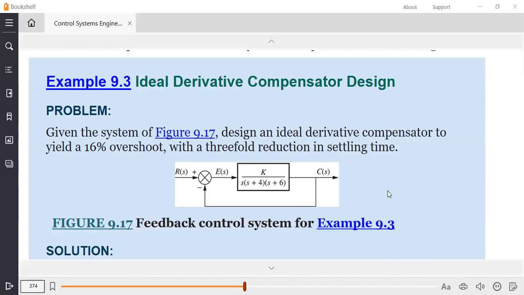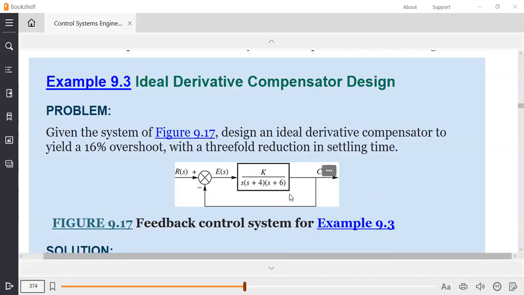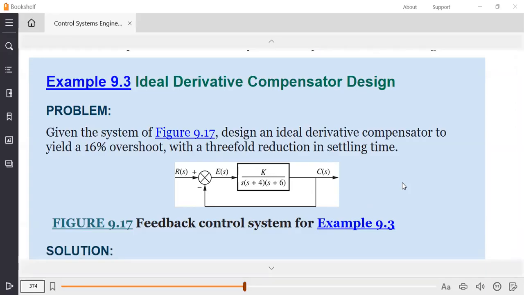So what it means is that the percentage overshoot line is given. You have an open loop block diagram, and the open loop transfer function is also known. So you can draw the root locus.